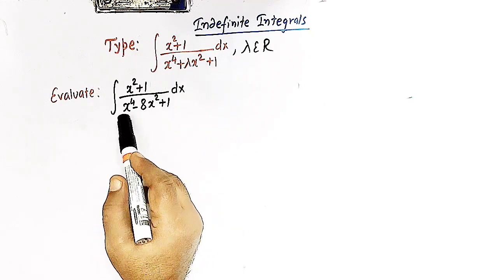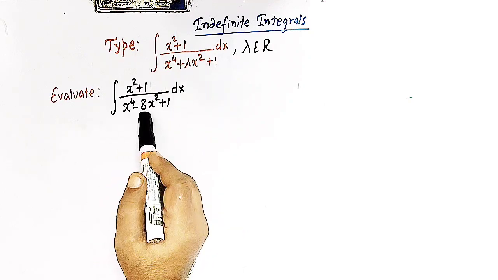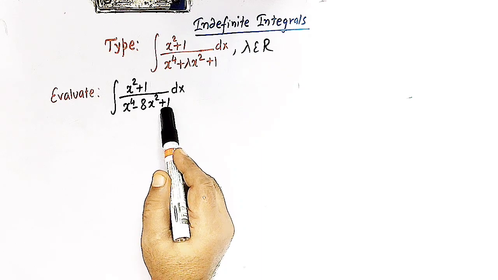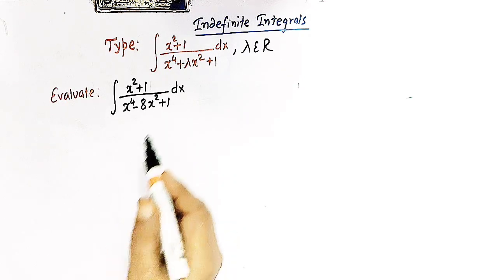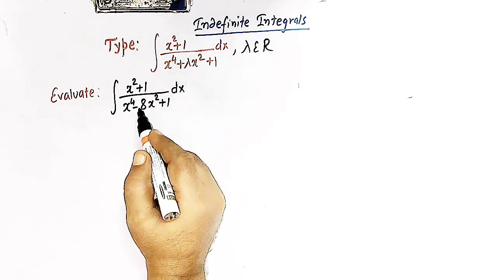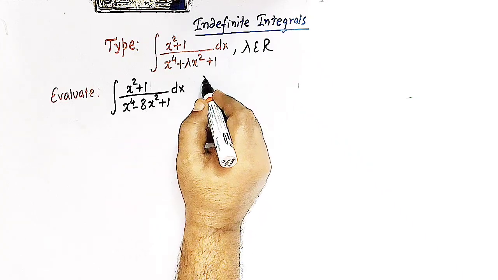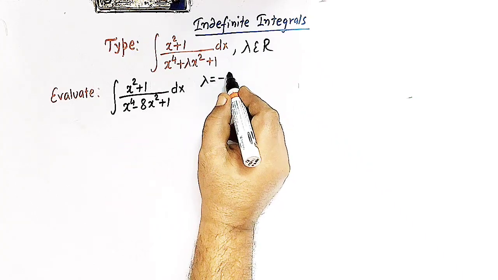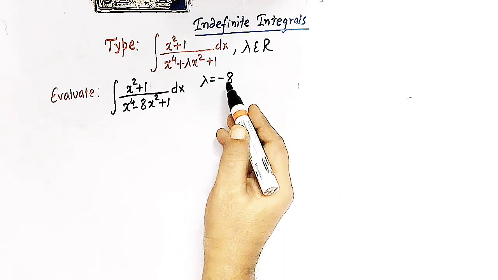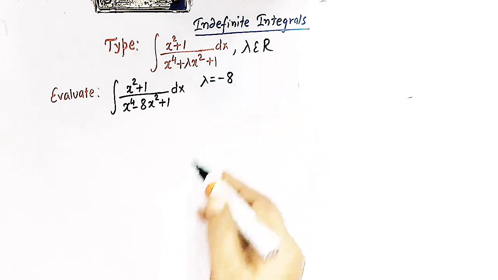Here we have x raised to 4 minus 8x square plus 1. If we compare these two denominators, we can see that the value of lambda is equal to minus 8, and this clearly belongs to the set of real numbers.